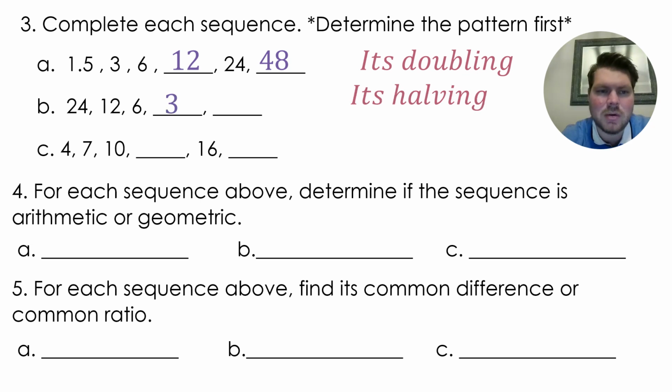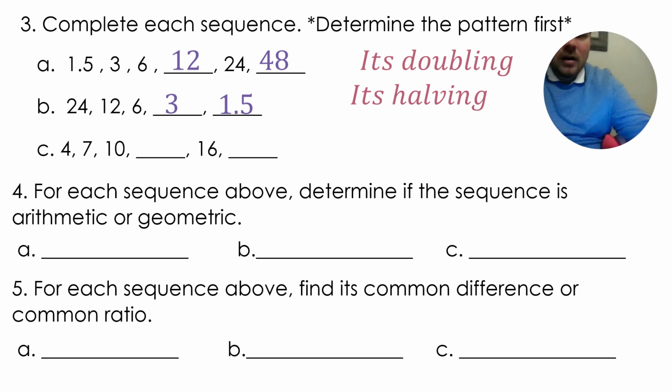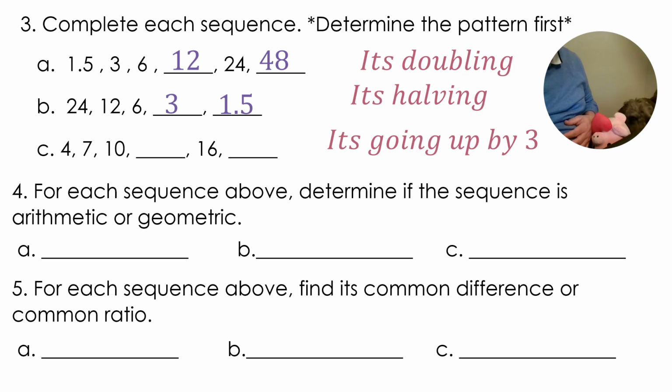So the next number would be 3 and 1.5. The one after that, we have 4, we have 7, 10, and then it's going up by 3s. So the next one would be 13, and then we have 16, and then the one after that would be 19.